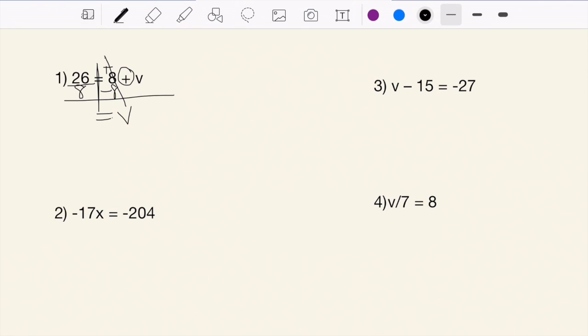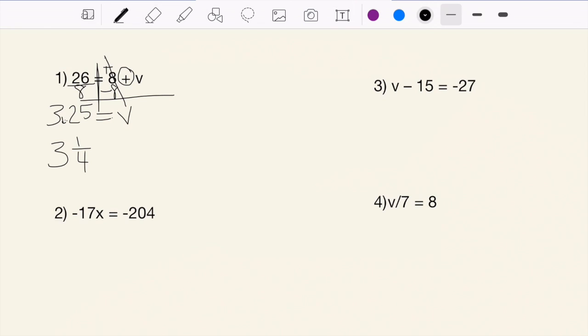So we have 26 divided by 8, which would give us 3.25, or it could be written as 3 1/4.